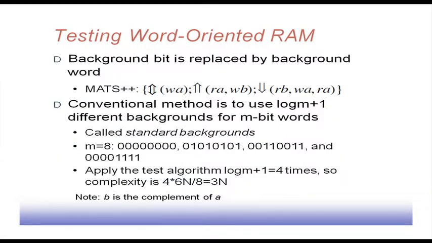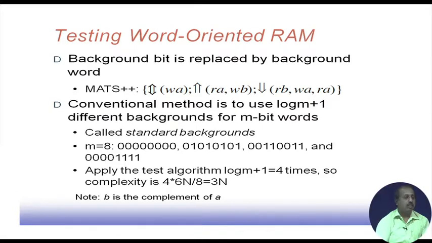Another way is to do it in a word oriented fashion. Instead of talking about the background bit, we talk about the background word. For example, in this MATS++ algorithm, we can talk about write A, where A is a word pattern. If your word is 8 bit, then A may be all zeros, or also alternate 0 1s.